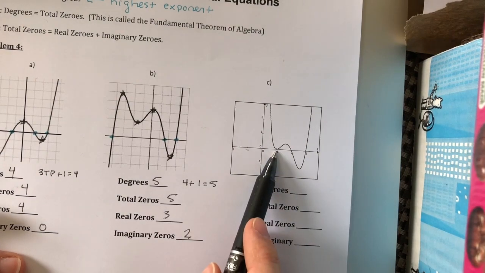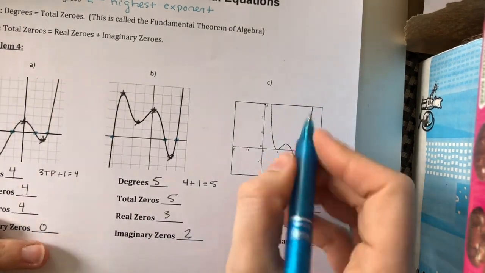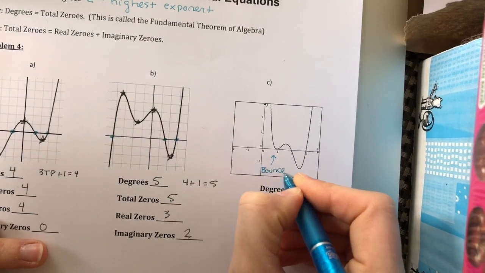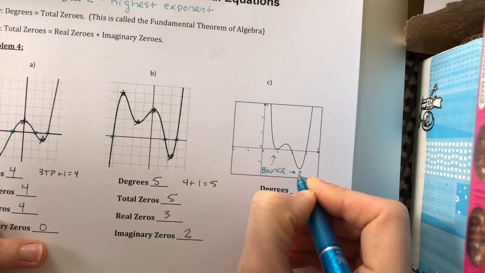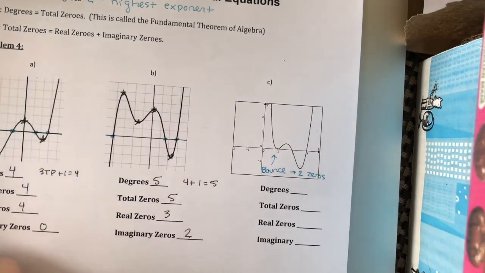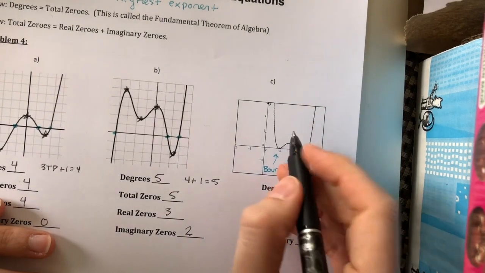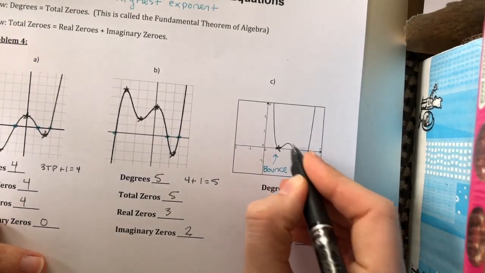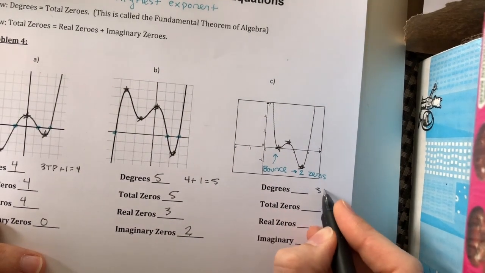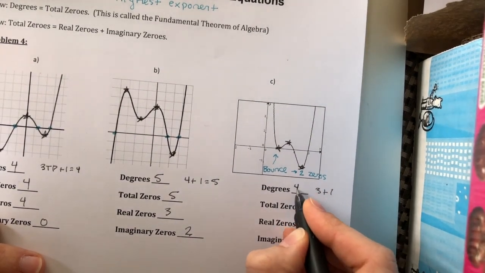Notice this right here. This is another one of those, this is a bounce. Remember that counts for 2 zeros. All right, so first let's do the turning points. This is actually also a turning point, so 1, 2, 3. 3 plus 1, we're getting a degree of 4.